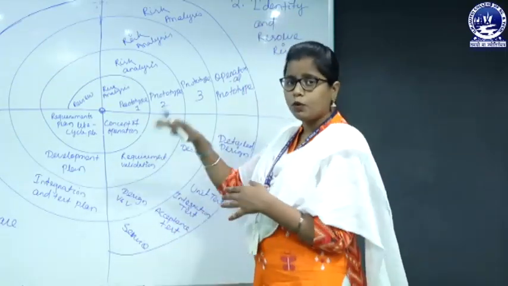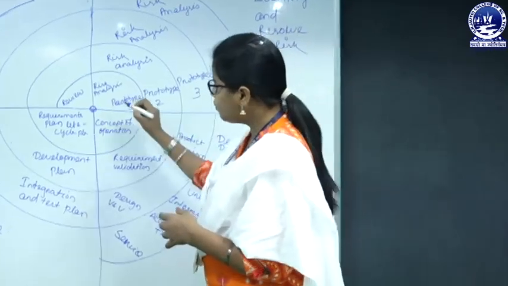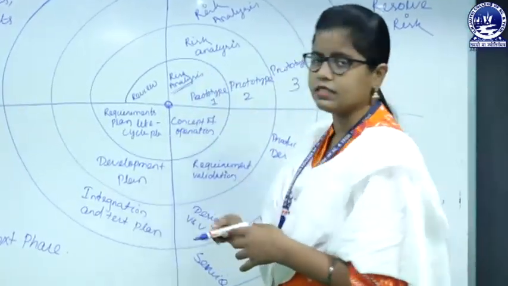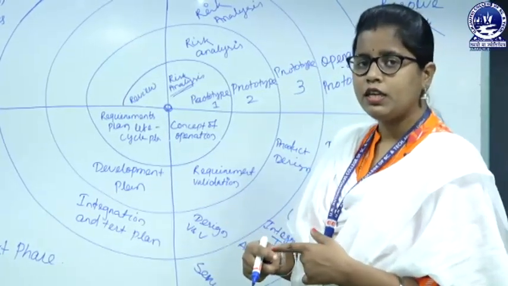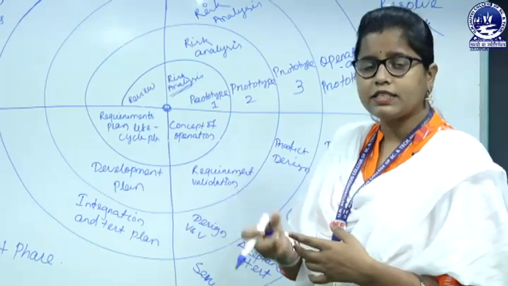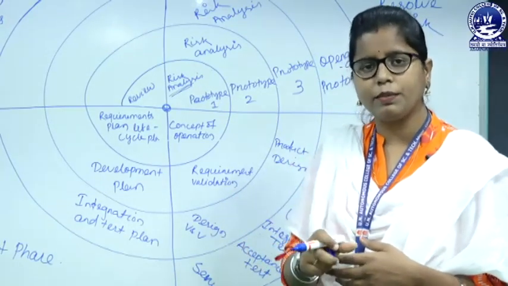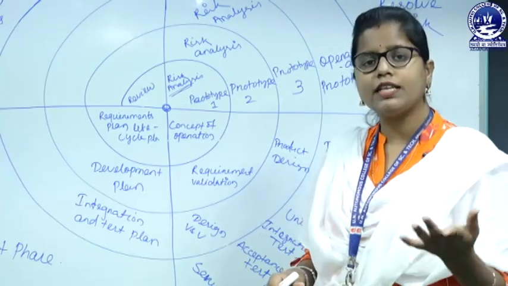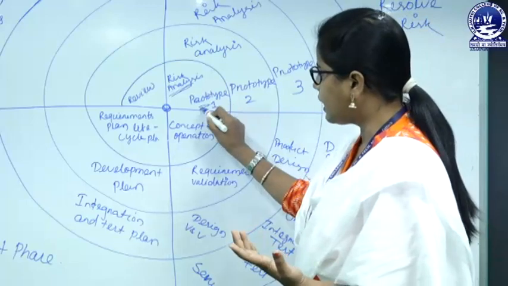By putting those 20 solutions into the second phase, we will go for risk analysis. We will analyze each individual solution. Then we will get only one solution which has either minimal risk or no risk. Then we will develop the prototype for that.